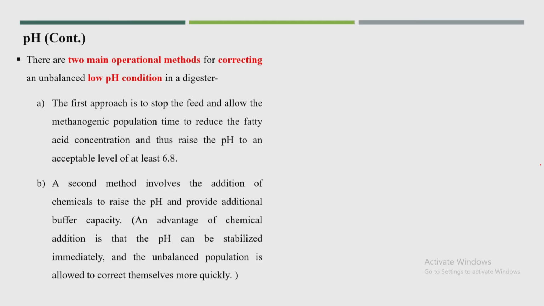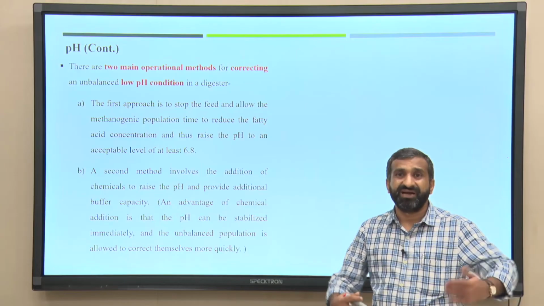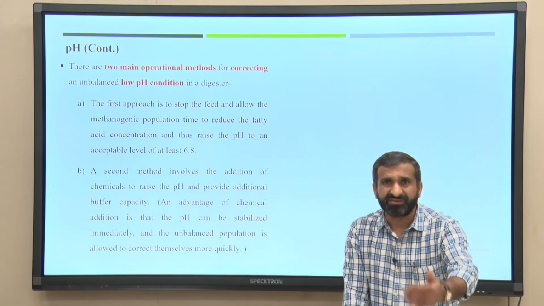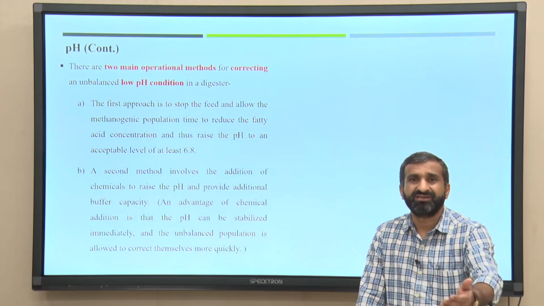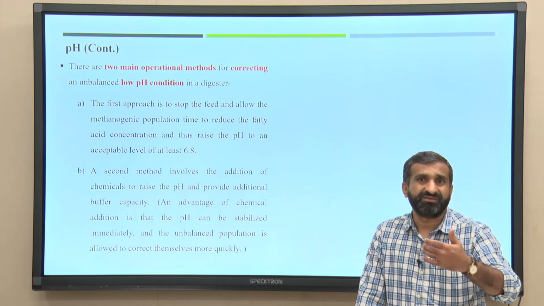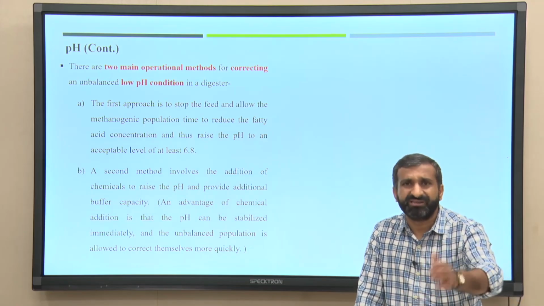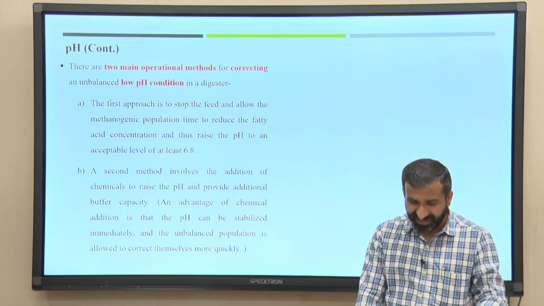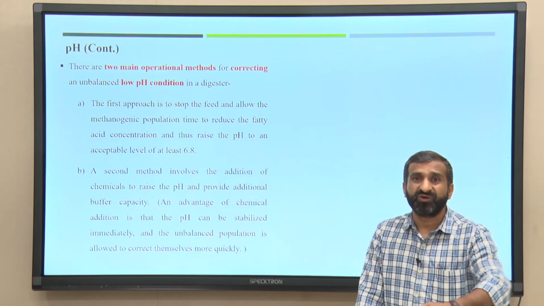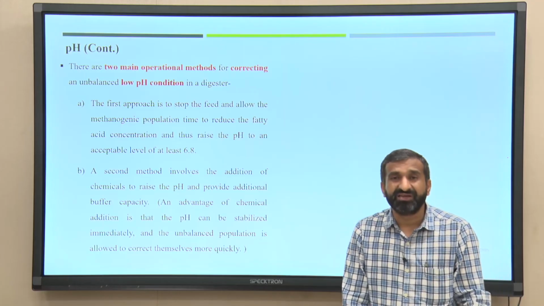Because in the first case we have to wait a few days for feeding of the reactor, but in the second stage, by addition of some kind of chemical, mostly alkali, maybe sodium hydroxide or potassium hydroxide, with different normality, we can adjust the pH immediately in the reactor. So, we need not wait for a longer period to maintain the pH.